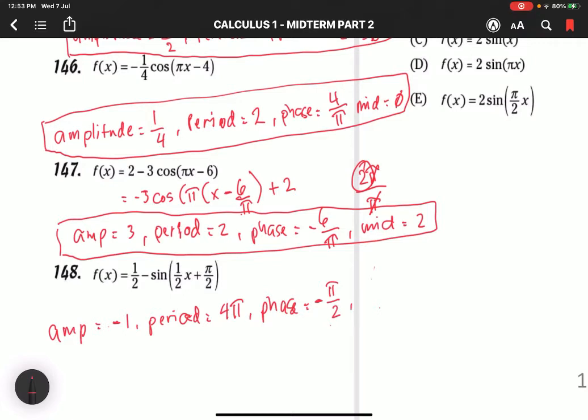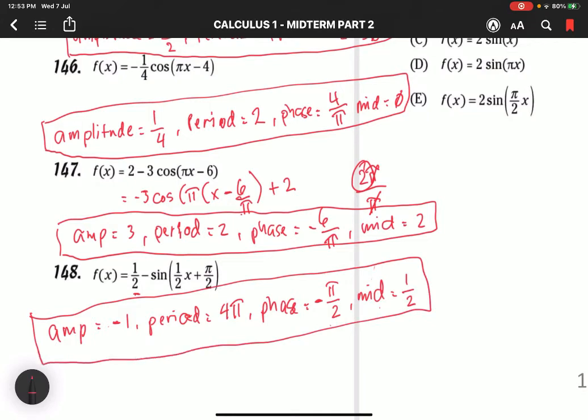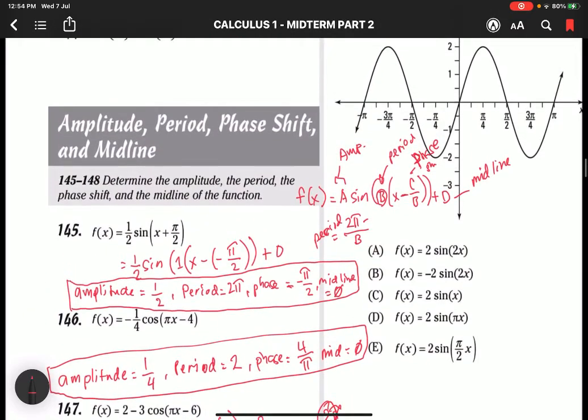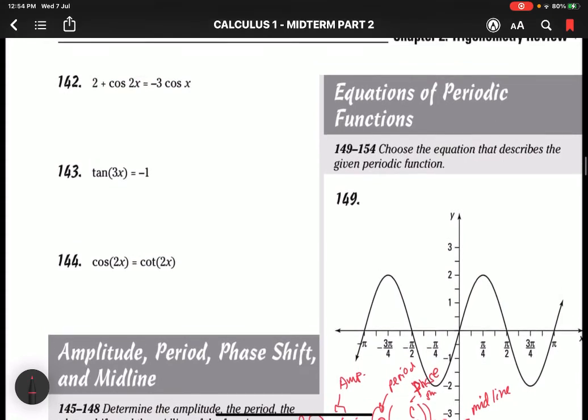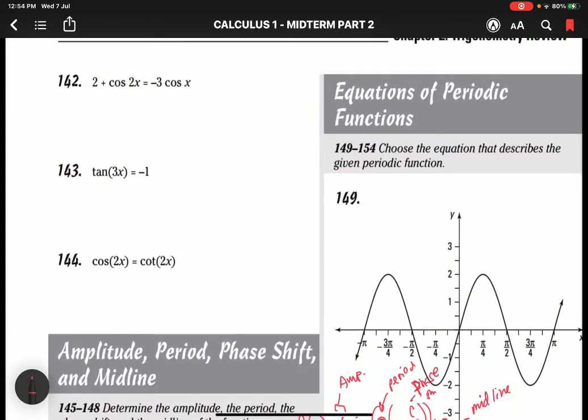At ang ating midline, okay, ay ito. Kasi lilipat natin to dito sa kabila. Siya ay positive 1 half. Okay? Ito ang sagot natin sa 148. Okay? So, next we will have the equations of periodic functions.